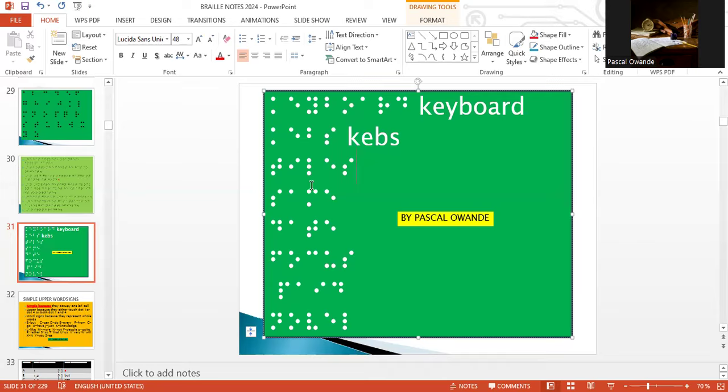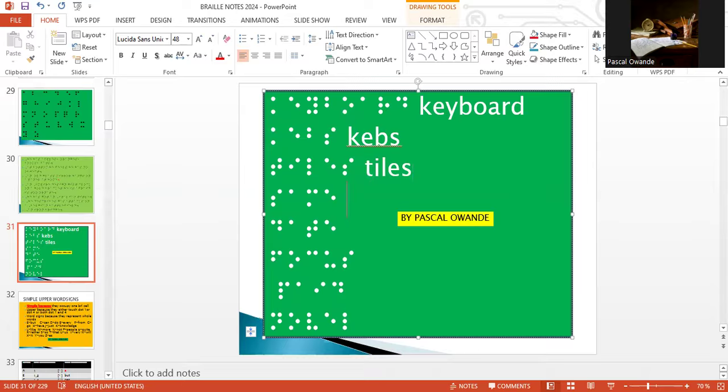That is letter L. And we have dot 1, dot 5, letter E. Then we have dot 2, dot 3, dot 4, letter S. Therefore, the word here is tiles.